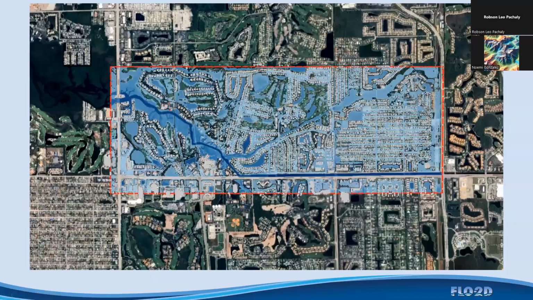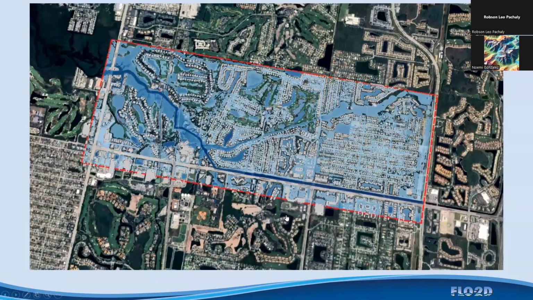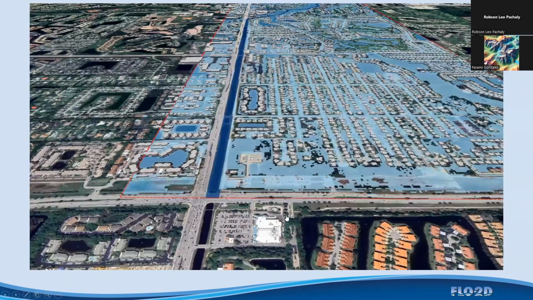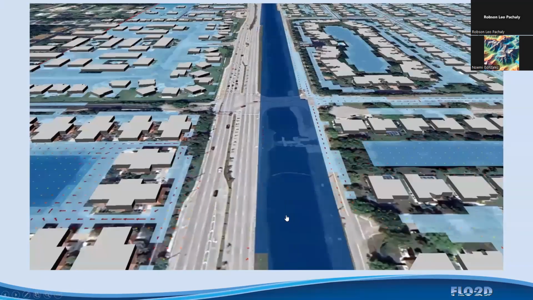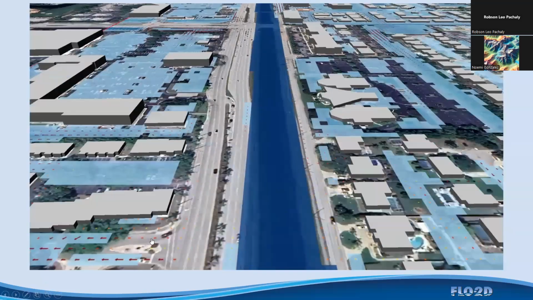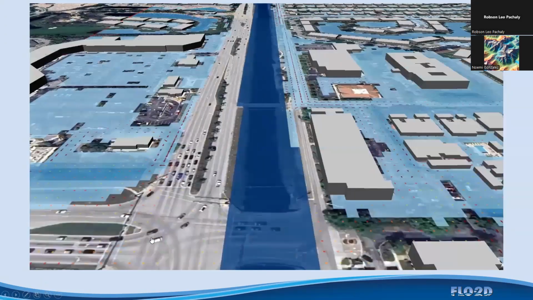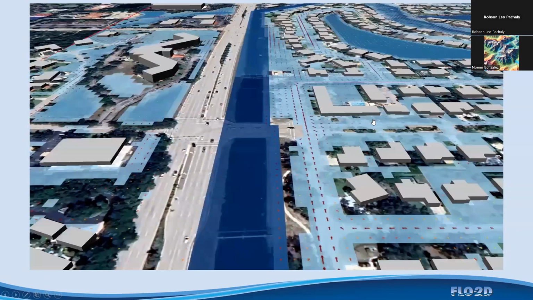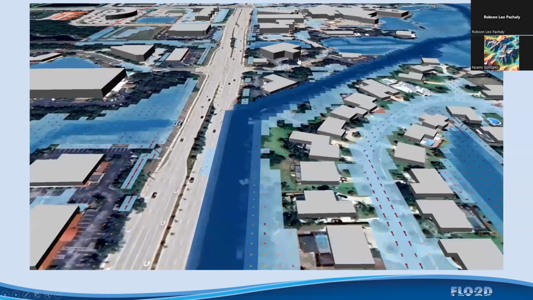Then we have another example for our coastal project. So same thing, the only difference in this project is that we have the velocity vectors here showing the direction of the flow on the floodplain. We also have different buildings height here.